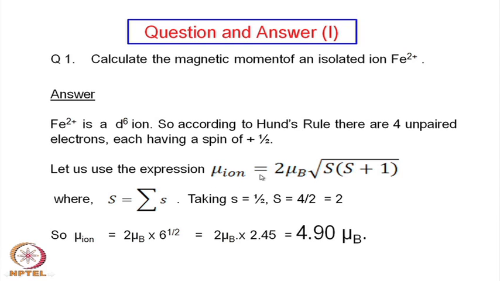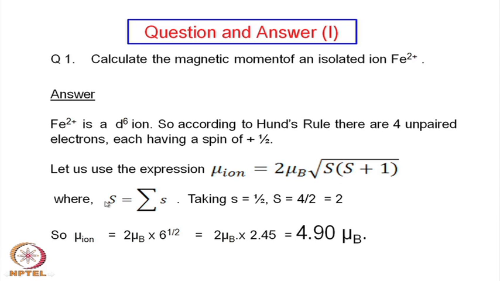So, if you try to find out what is the overall Bohr magneton of such an ion, then this was the expression given earlier: 2 Bohr magneton into the square root of S into S plus 1, where this is capital S, not the small s.